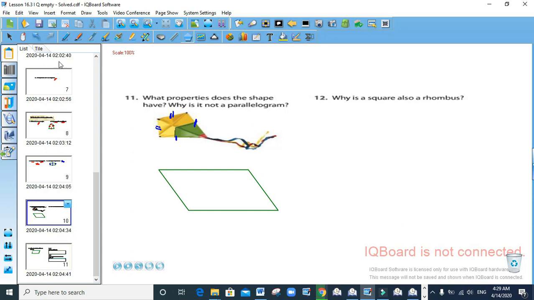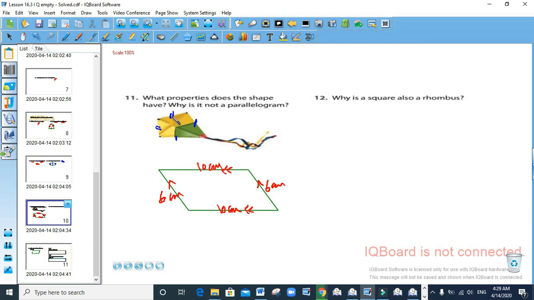what we can notice here is not only that they are equal. For example, this one is 6 centimeters, 6 centimeters, and here is 10 centimeters, 10 centimeters. But in this case, this side is parallel to this side, and this side, which is 6, is parallel to that side. We have 2 pairs of parallel sides.